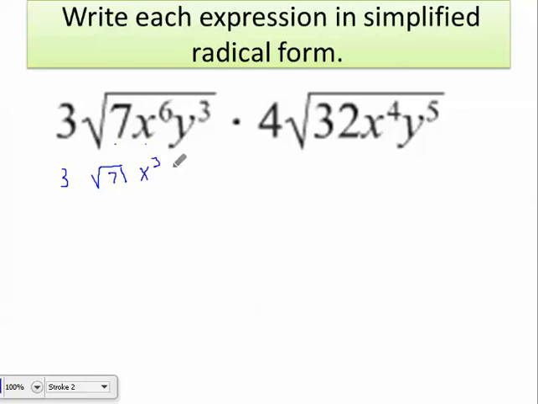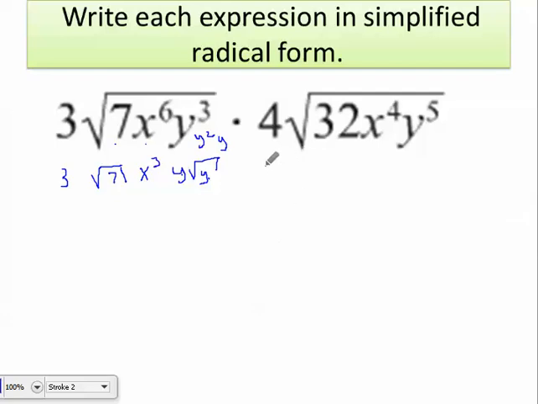The square root of y cubed is going to be y square root of y. Why did I get that? Because that was y squared times y, right? Well, y squared comes out as a y, and the y remains underneath there. So you can see if it's an odd number, what am I going to do? I'm going to leave 1 underneath it and pull out half of what the number was.